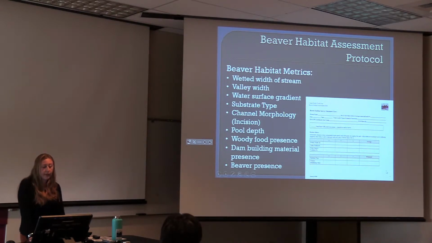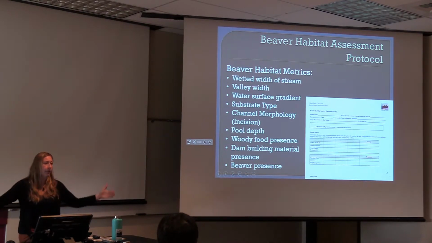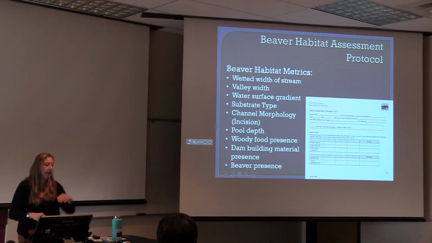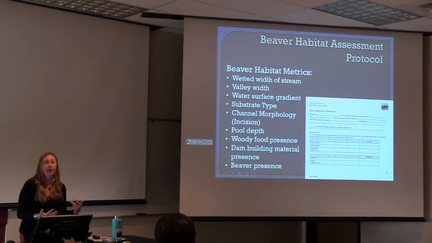We looked at the wetted width of the stream. We looked at how wide the valley was. What is the gradient of the water surface? So how steep is it? What kind of substrate material is there? Because beavers will use mud and sticks, and if it's super rocky, beavers aren't really going to want to colonize there.